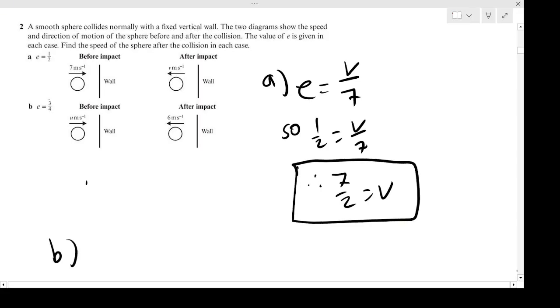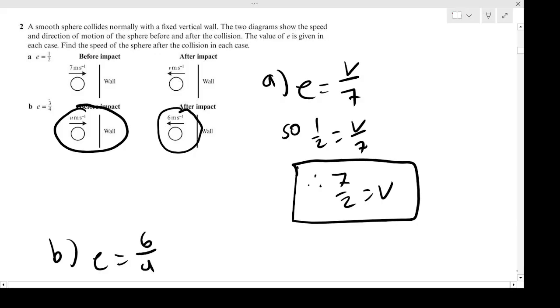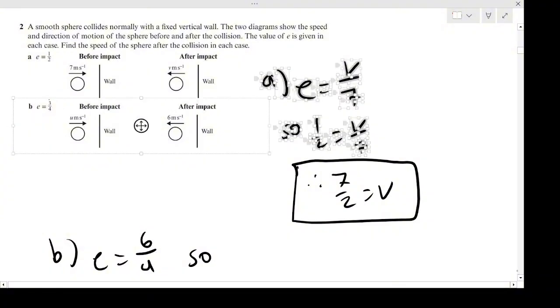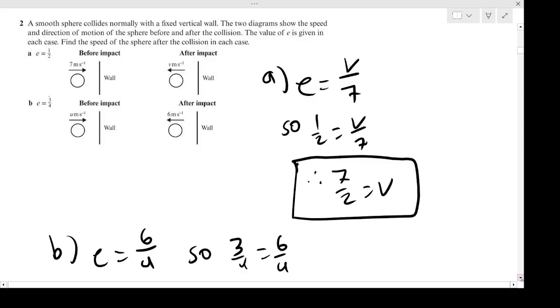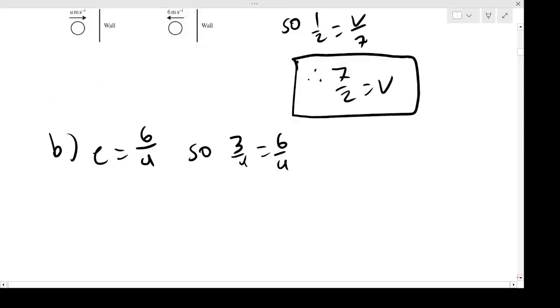Then in part B, before the impact it has speed u, then afterwards it has speed 6. So e is going to be 6 over u. But we're told that e is 3/4. So 3/4 is going to equal 6 over u, and then we just solve for u. So we can cross multiply.